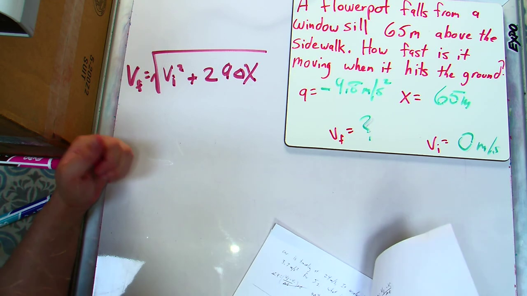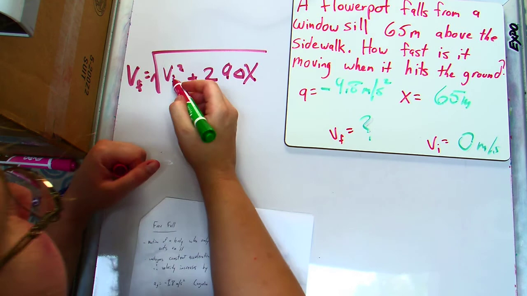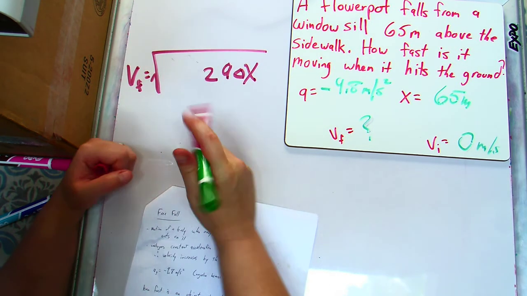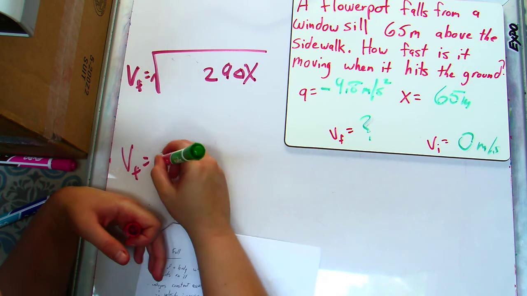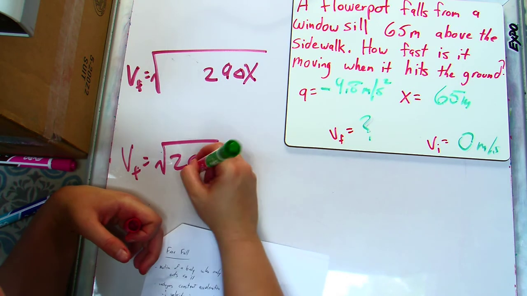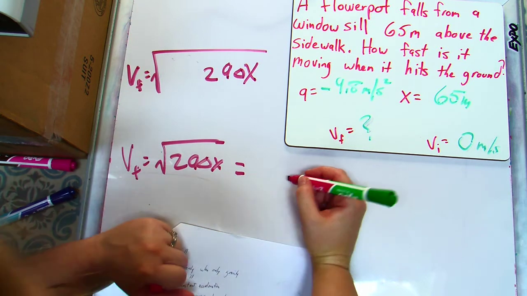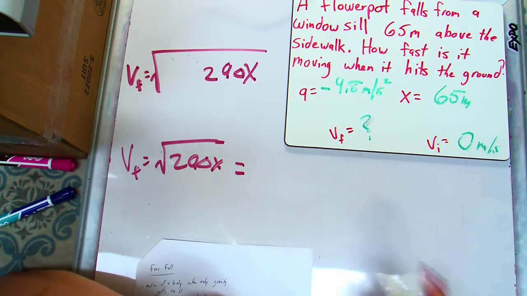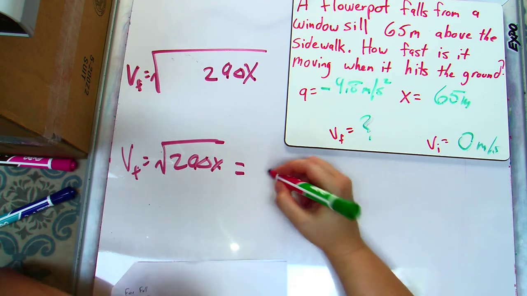Okay. What we would do now is, first of all, initial velocity is 0, so we can just disregard that. You can just plug it in now. vf equals square root of 2a delta x. Once again, I'm rearranging to make it a little more comfortable for me.